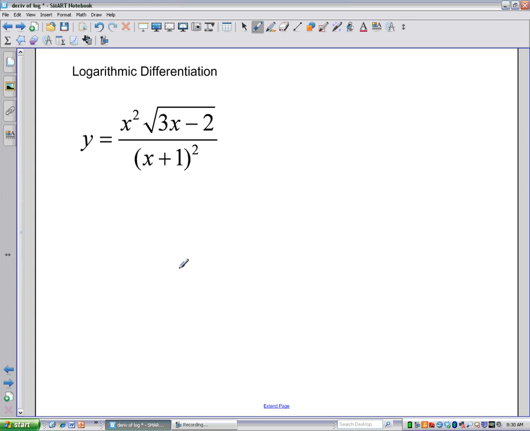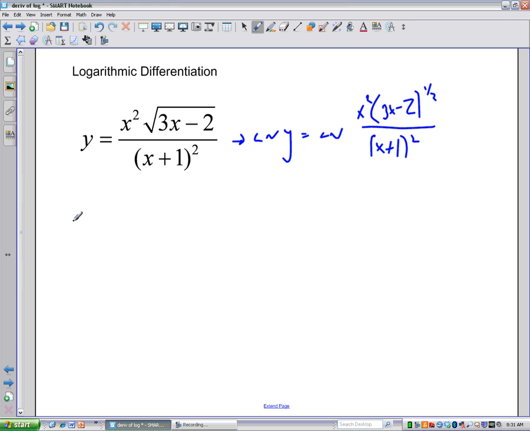Logarithmic differentiation. This one is crazy. We're going to go at it. What we do with logarithmic differentiation is we take the natural log of both sides. So I get the natural log of y equals the natural log of x squared times 3x minus 2 to the 1/2 over x plus 1 squared.